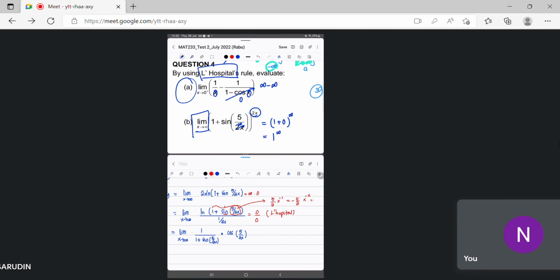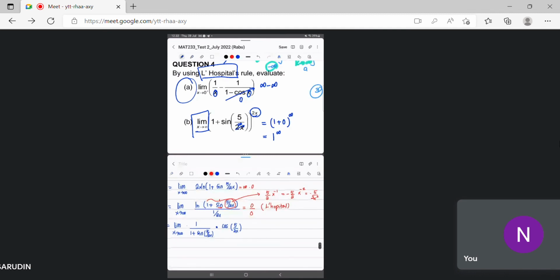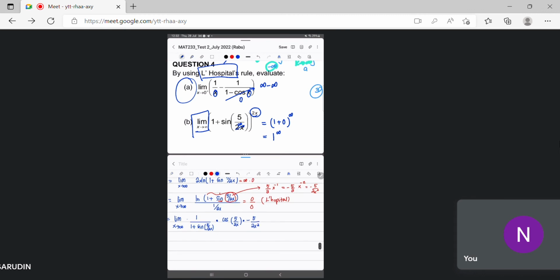So bila kita susun balik, kita akan dapat negative 5 over 2x squared. Okay. So bila dah dapat yang ini, dan kita salinlah balik dekat dalam sini. So multiply negative 5 over 2x squared. So settle for numerator.